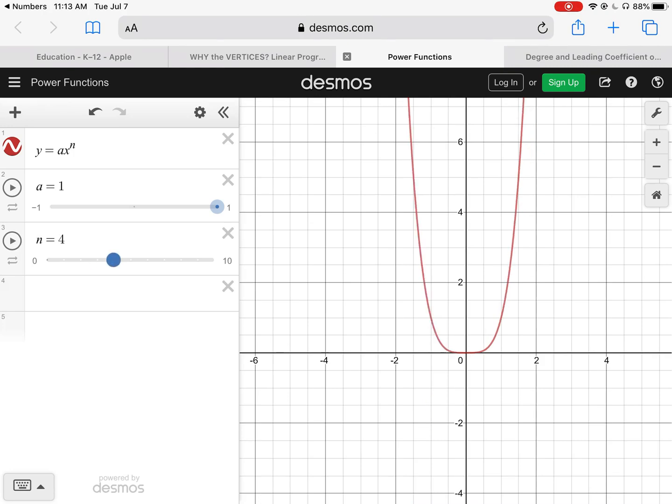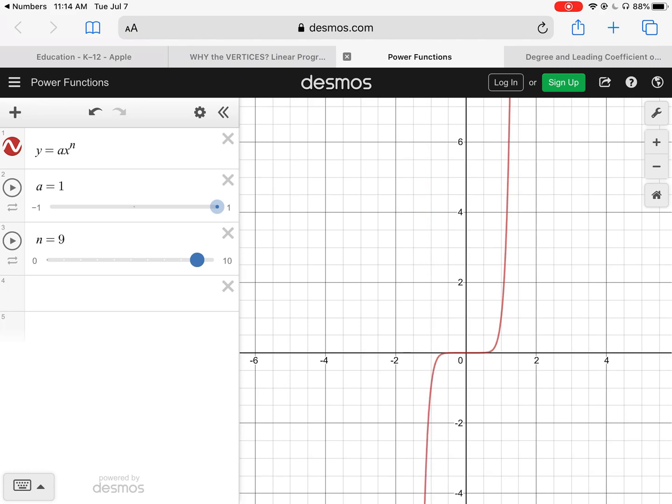Y equals x to the fourth looks a lot like a parabola again, back to symmetry with the y-axis. Y equals x to the fifth looks a lot like the cubic again, symmetric with the origin. Then here's 6, 7, 8, 9, and so forth, okay?